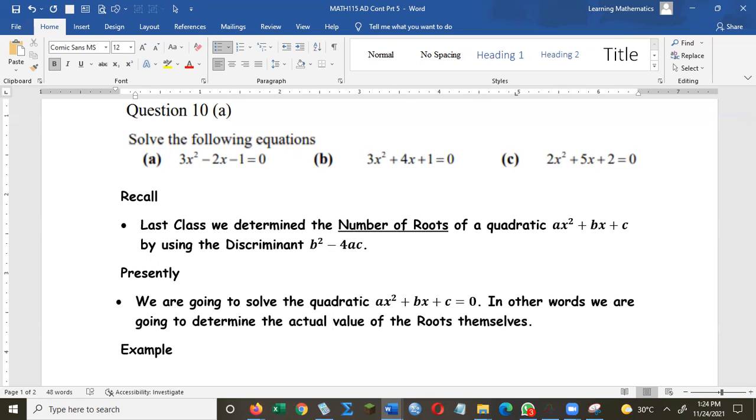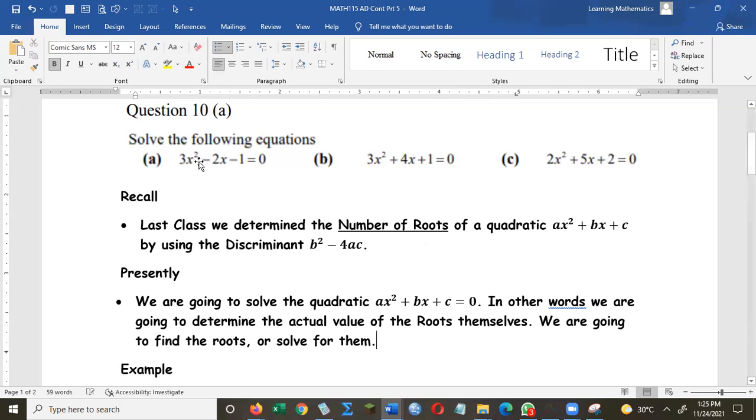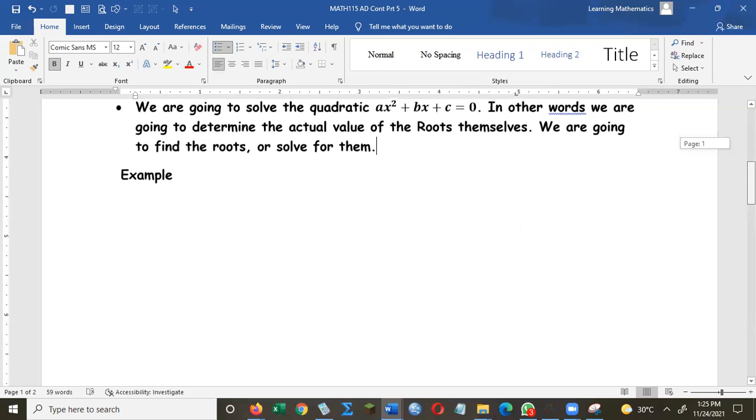Last class we determined how many of them, 0, 1, or 2. But now we're actually going to find them, or solve for them. That's why the question says solve the following equations: find what the roots are.